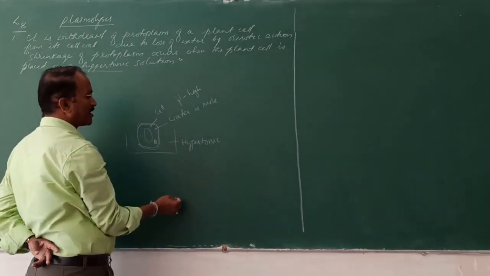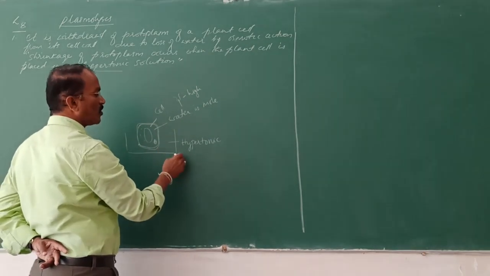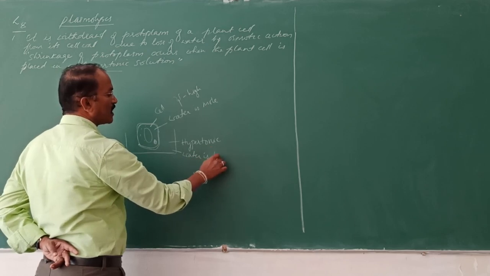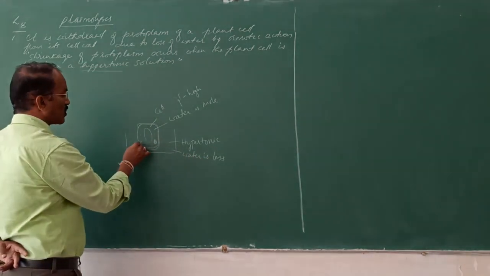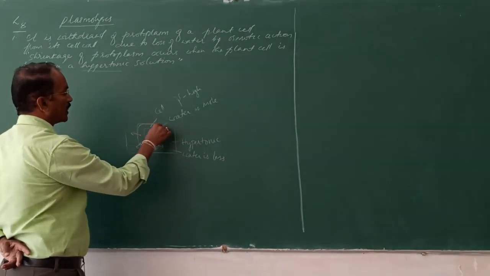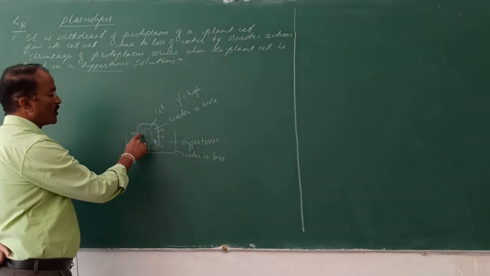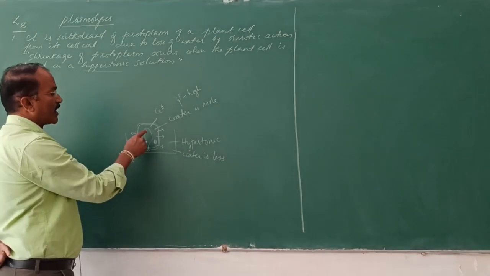Hypertonic means what? Solute concentration is more and water is less in this petri dish. So the water starts moving out of the cell in all directions through the plasma membrane. The water moves first from the cytoplasm, later from the vacuole, then what happens?